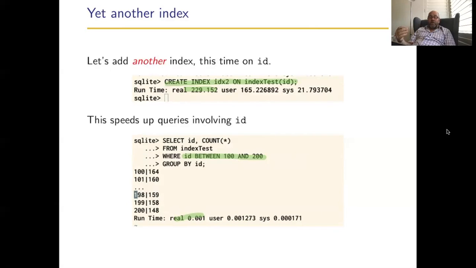So an index takes a query that takes 13 seconds and improves its performance by 100,000 times. Okay, so if you work in a database situation and you can make your boss's queries 100,000 times faster, then you will be in good shape.